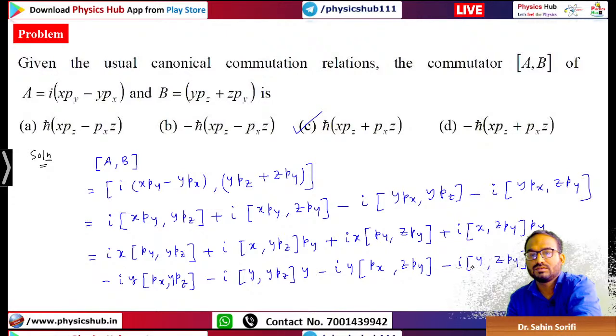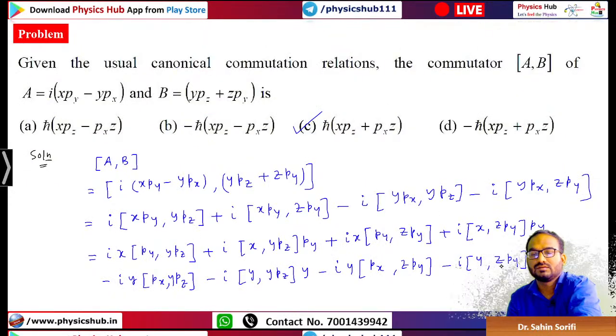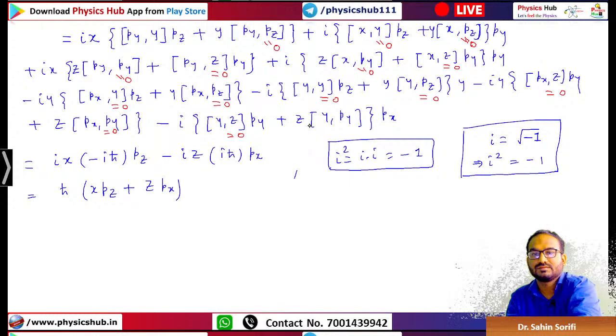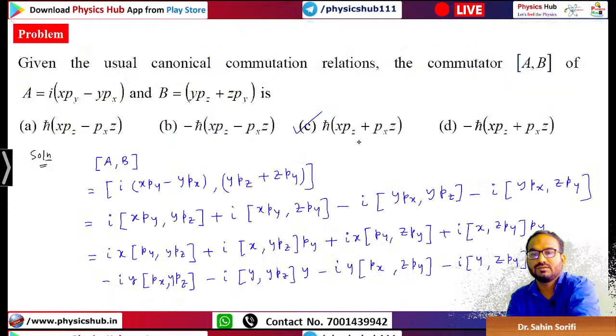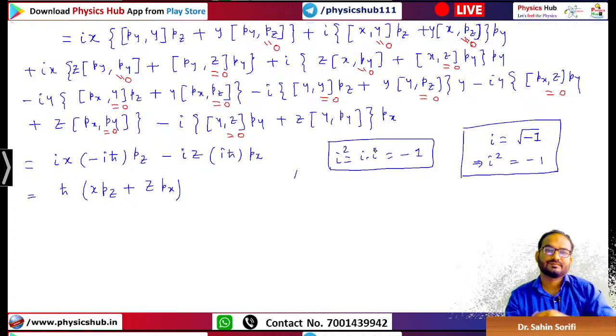Minus, then y z py, y z py, then z into commutation of y py, z into commutation of y py, px.